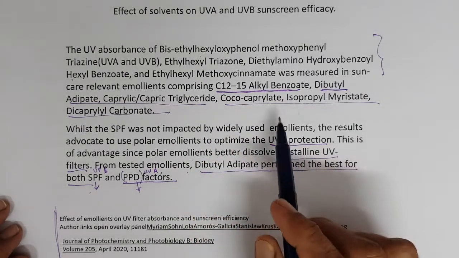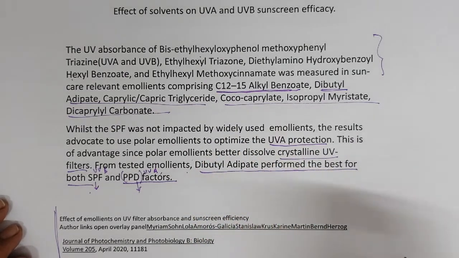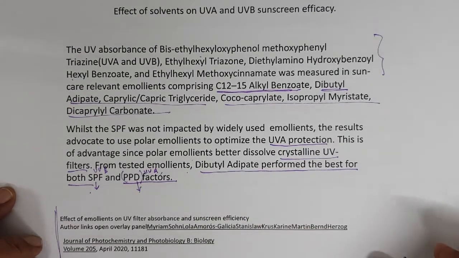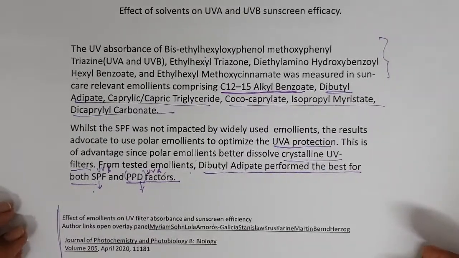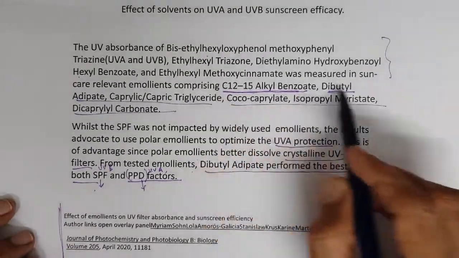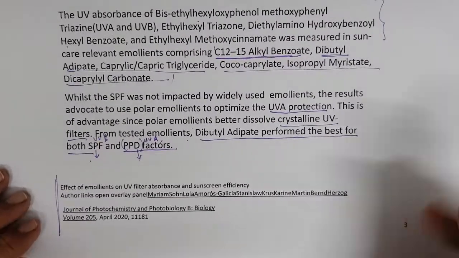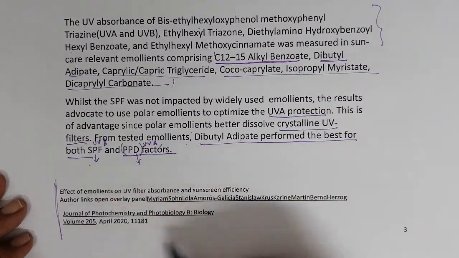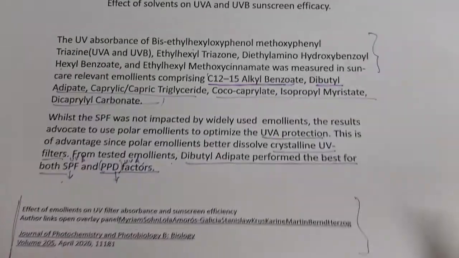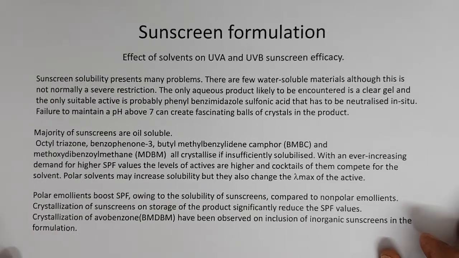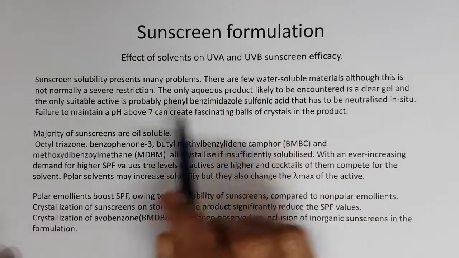So polar solvents can be used to optimize the UVA protection. However, dibutyl adipate was found to be the best solvent among the solvents tested in this study. If you want to go through the study, you can get into this link and you can study further. So, effect of solvents.